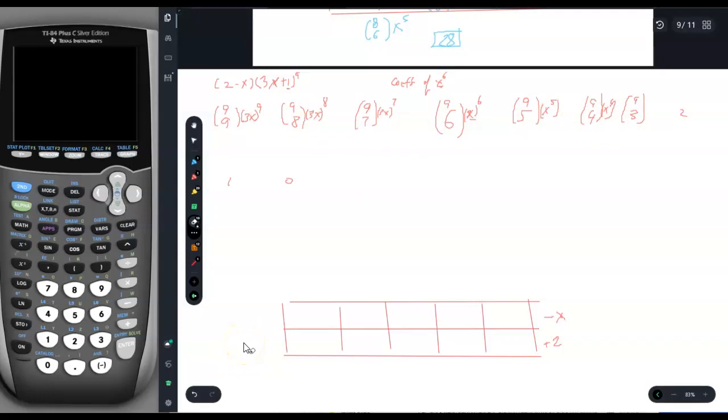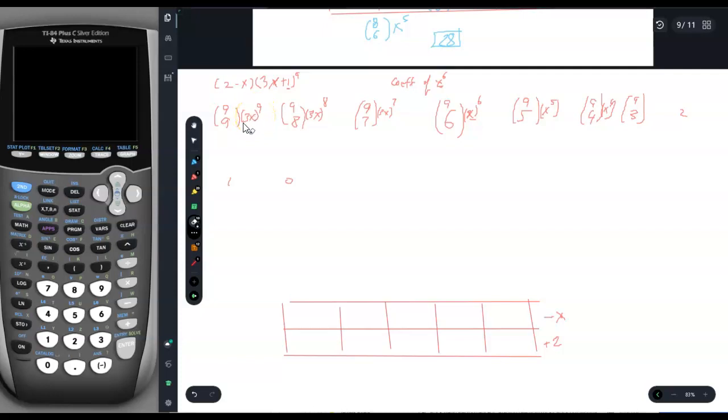Okay, so now let's take a look at what we wanted. We wanted the coefficient of the x to the 6th term, but that's after we multiply it times 2 - x, right? Now, we know that some of these powers are too big, right? This is already x to the 9th. If we multiply it by a constant and an x term, it's going to be like x to the 10th, x to the 9th, right?